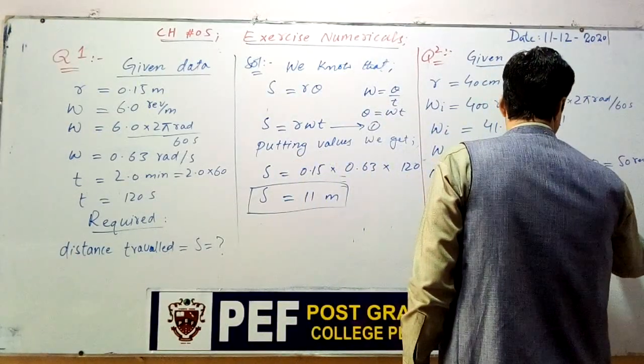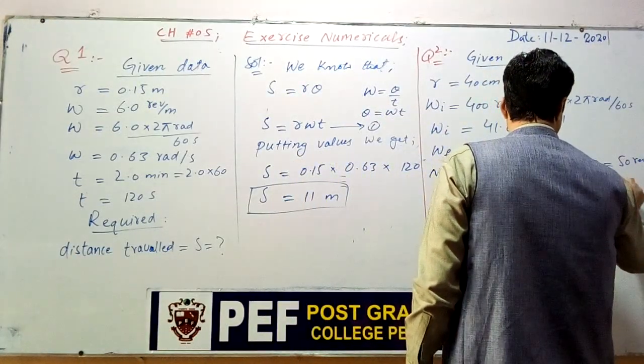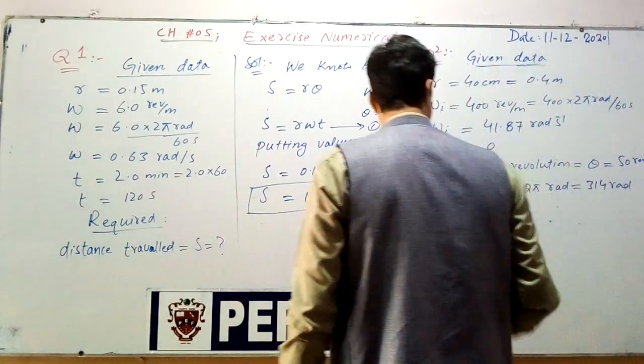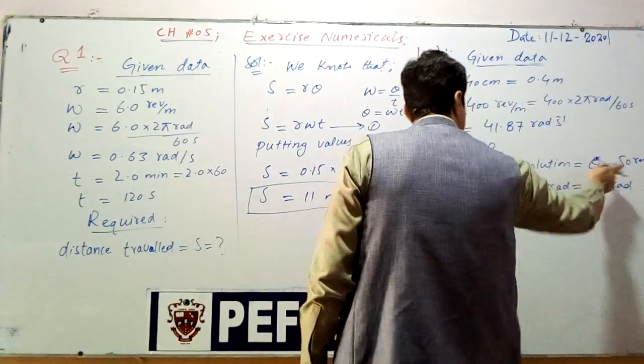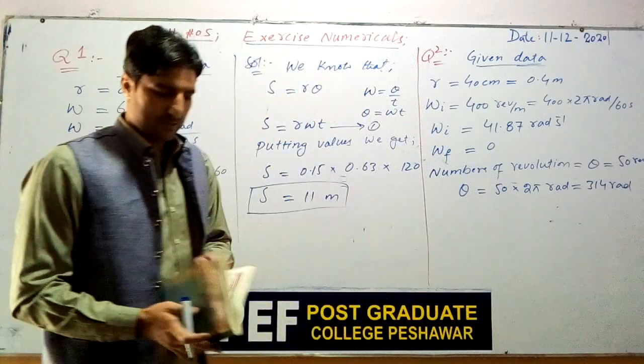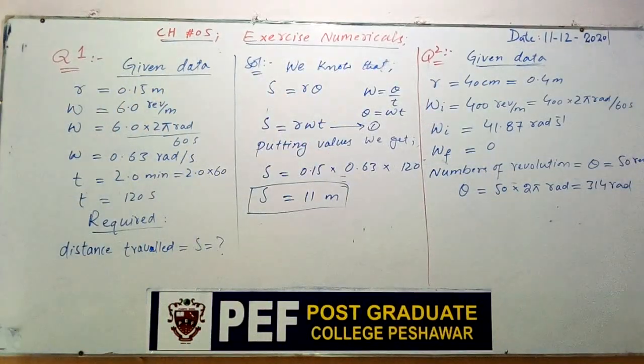So 314 radian will be this 50 revolution. What we have to calculate? We have to calculate angular acceleration and time.